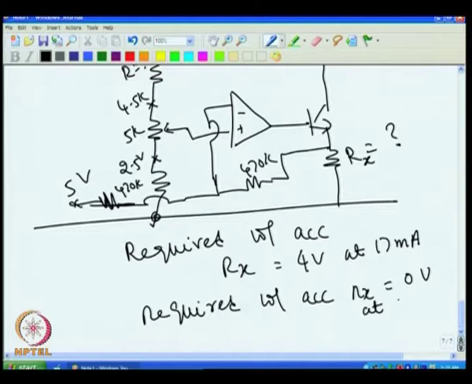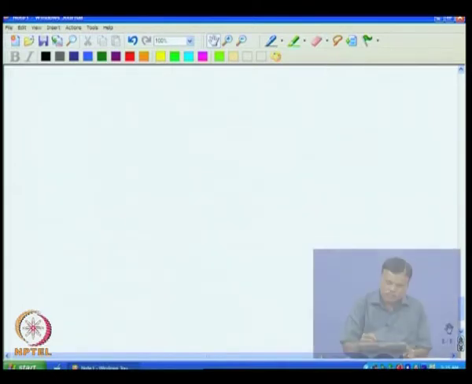It can be very small, and I can adjust it to nearly 0 volt at 1 milliampere or less. Now this small voltage can be taken care of easily, which I will show you a little later. So all that I need to concentrate on at this point is how much resistance I have to put to produce 4 volt at 17 milliampere.